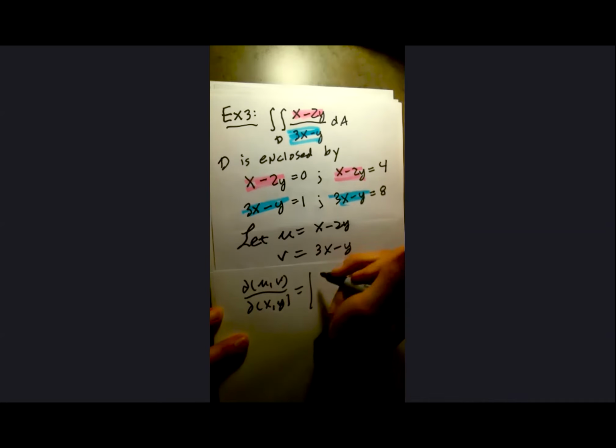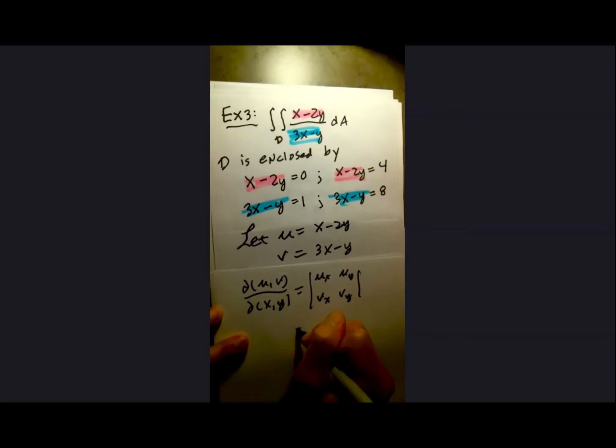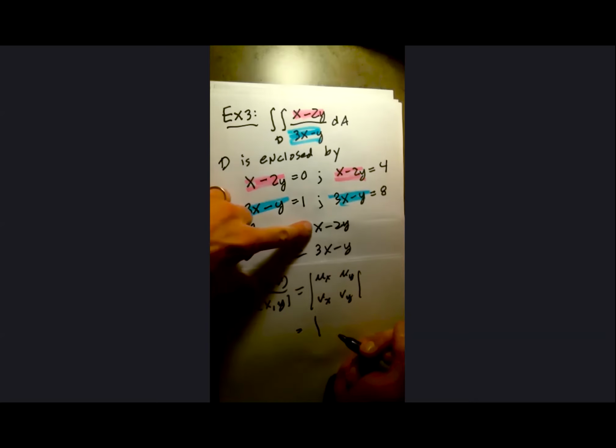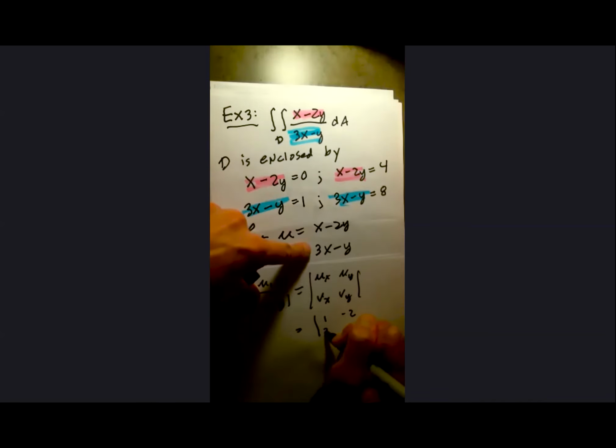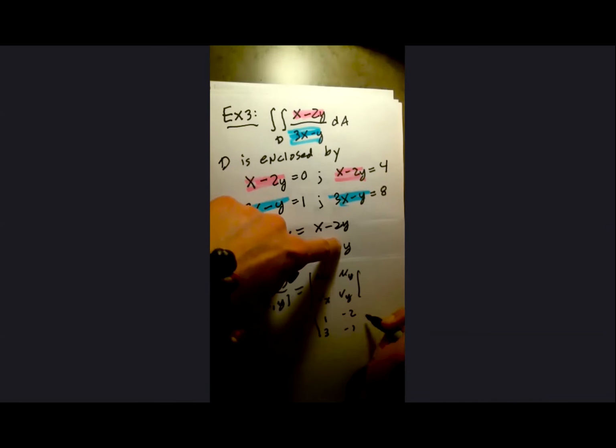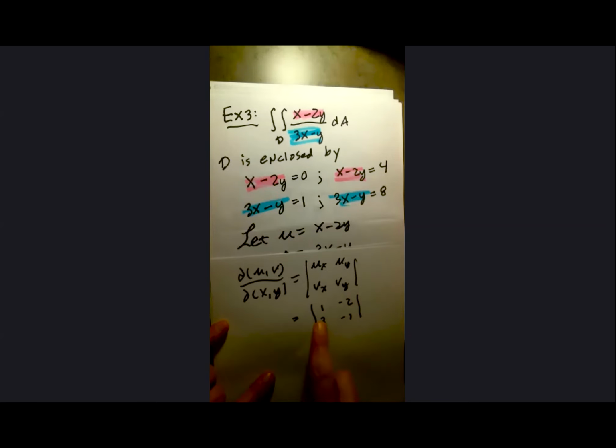And that's going to be ux, uy, vx, vy: 1, minus 2, 3, minus 1, which is a funny way of writing -1 plus 6, or 5.